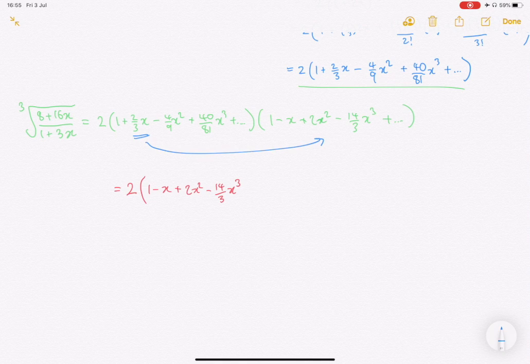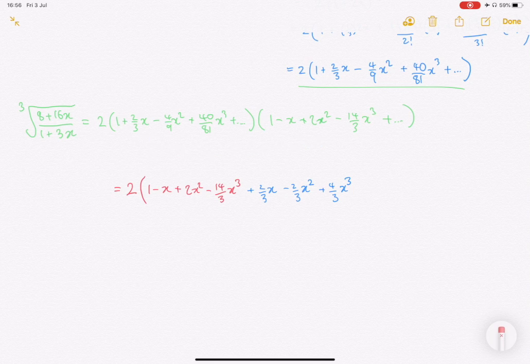So 2 thirds of x times 1 is 2 thirds of x. 2 thirds of x multiplied by minus x is minus 2 thirds of x squared. 2/3 of x times 2x squared is 4/3 x cubed. And we don't need to do this next one, because if we do 2/3 of x times negative 14/3 x cubed, that's an x to the power of 4. And we know that we're only going up to x cubed terms.